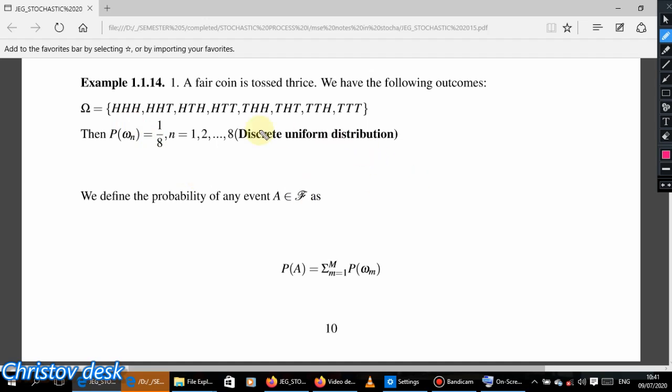So if my interest is that I want my first toss to be a head, I want my first element to be a head.